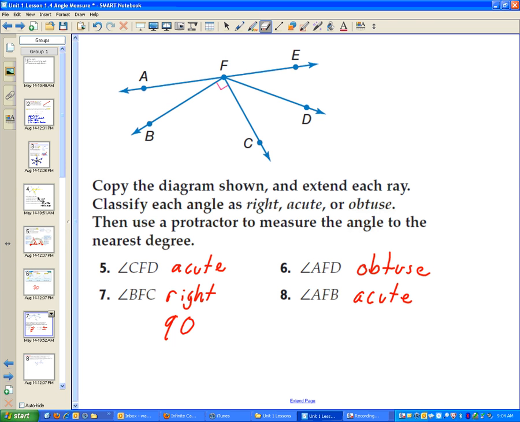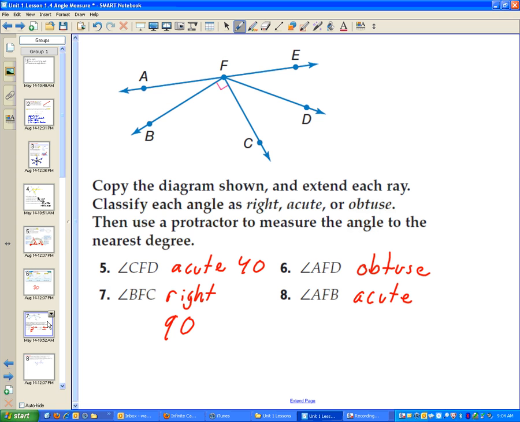Now, as far as getting their measures, let's just estimate, okay? For the first one, it was angle CFD. I don't know, what do you think? 40-ish? 45? 50? So I'll take any of those, okay? Book says 40.